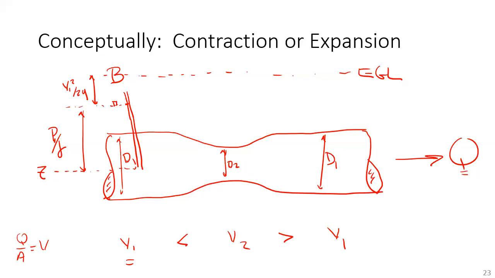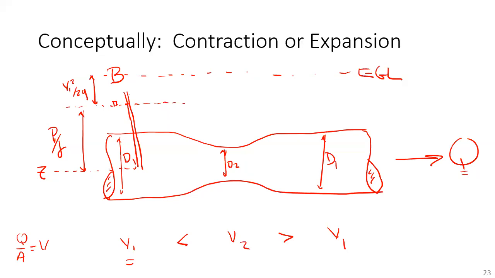It's a constant. As we move towards the contraction, what's happening to V squared over 2G? Increases. So what must be happening is the EGL and the HGL are coming into the contraction, and they need to separate because V squared over 2G is increasing.